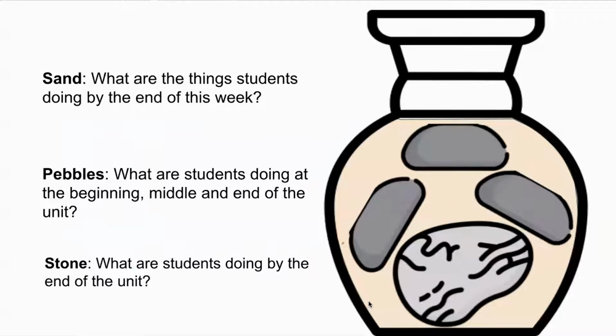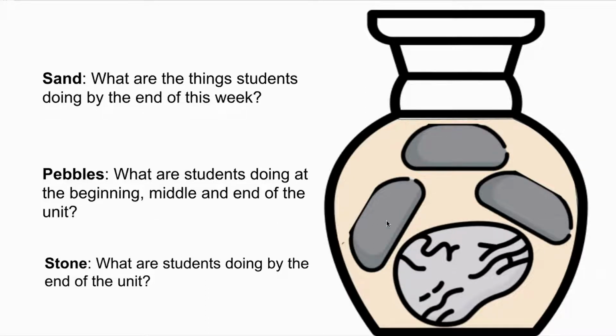So these are the 3 questions that I asked my teachers, in this order, at the beginning of the unit. What are students doing by the end of the unit? That question formulates and structures our co-planning for the rest of the unit. Once I know that, I say, okay, now that I know you want students to do a narrative piece of writing, what are students going to do at the beginning, middle, and end of the unit?